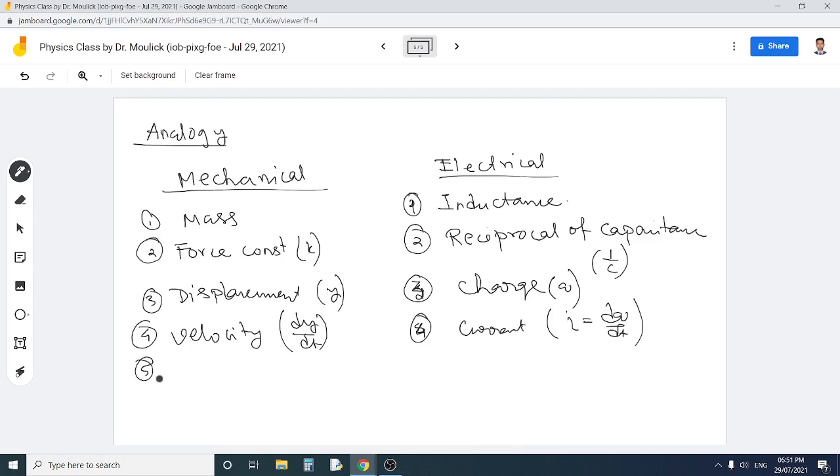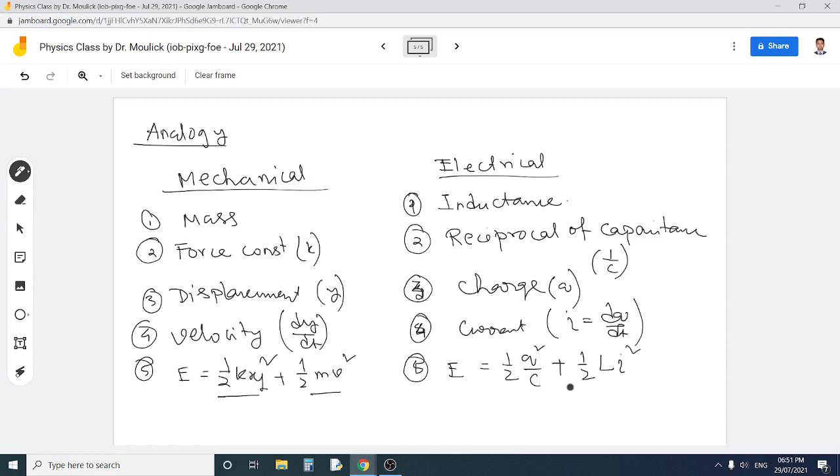Then in the fifth position, you have the total mechanical energy E, which is the sum total of kinetic energy plus potential energy. And in this case, you have the total energy E equal to the sum total of the electrical energy, which is given by half of Q square upon C, plus half of L i square.